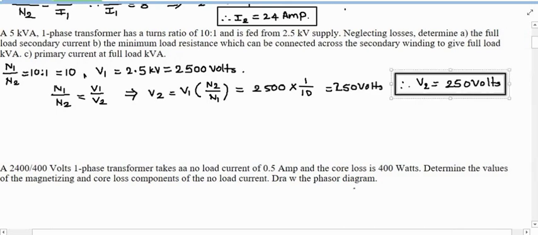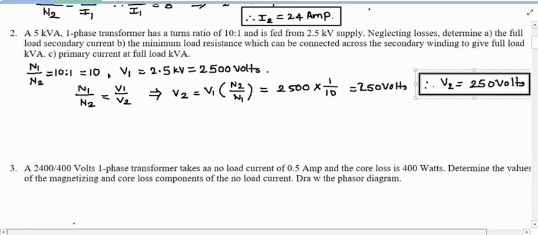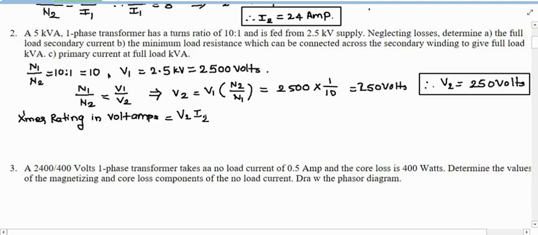Then after this, what do we have to find out? The full load secondary current. We know that the transformer rating is in volt ampere, right? So the transformer rating in volt amperes equals V2 into I2, right?